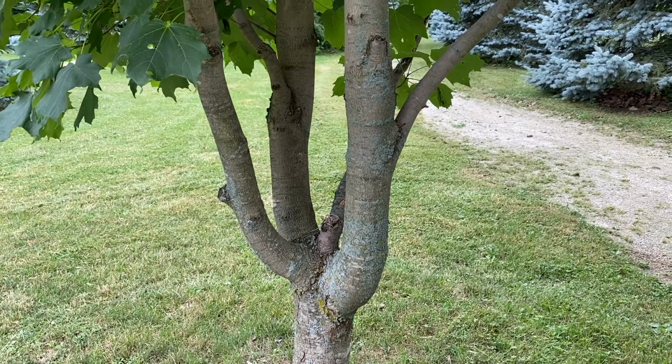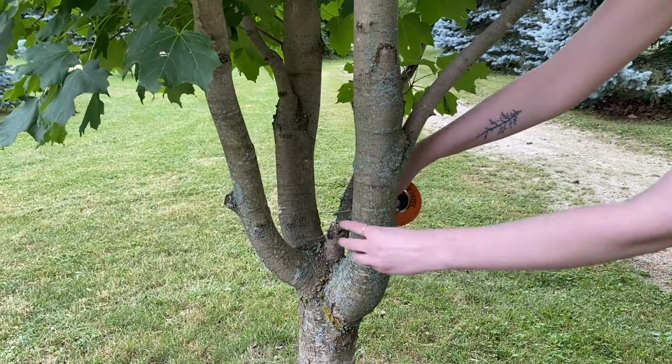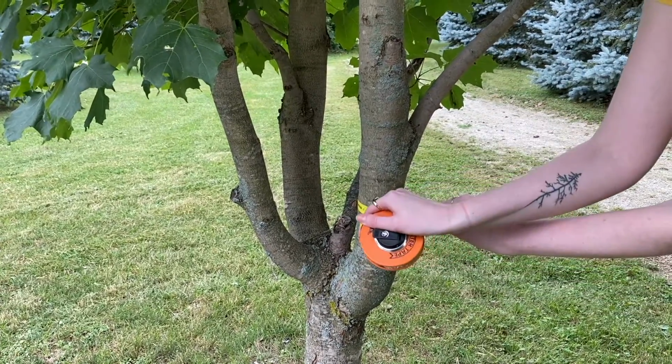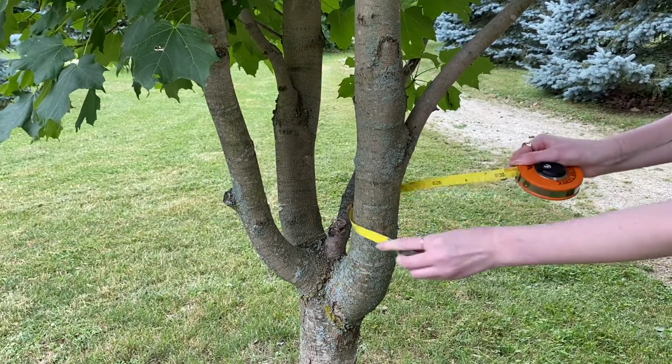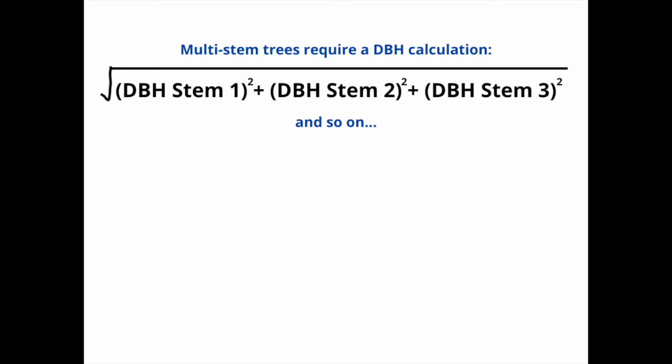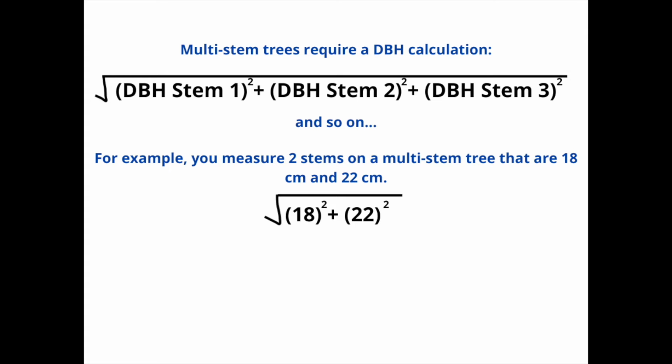For a multi-stemmed tree, record the DBH of each stem, and then you'll need to do a calculation to calculate the overall DBH of the tree. For this calculation, you'll need to square each of the DBH values you got for each stem. So for example, if you measured a 2-stem tree and got 18 centimeters and 22 centimeters as the two DBHs, you would square both of those.